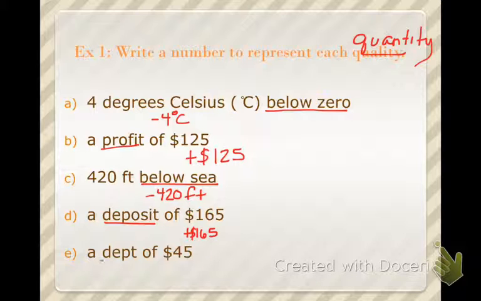Now you have a word, it's called debt. You owe Miss Carson $45. Is that your money still, or is it now mine? Well, that's a positive for me, but it's a negative for you. So that would be a negative $45. Make sure to put your signs, because if you don't, you'll get it wrong.